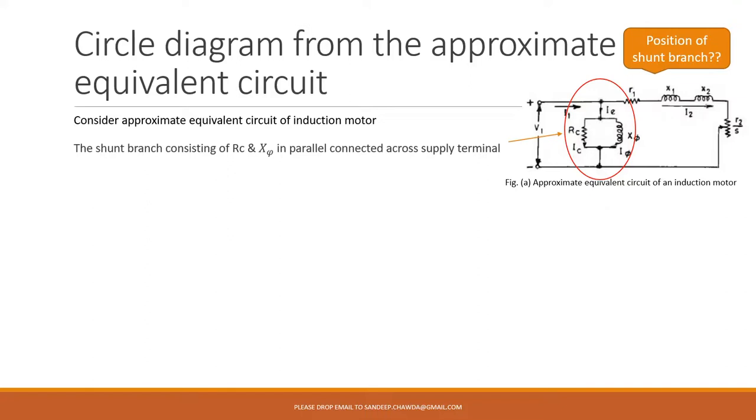It means the drop due to this exciting current is neglected. That is the assumption in our case. We are considering the location of the shunt element before leakage resistance and leakage reactance.